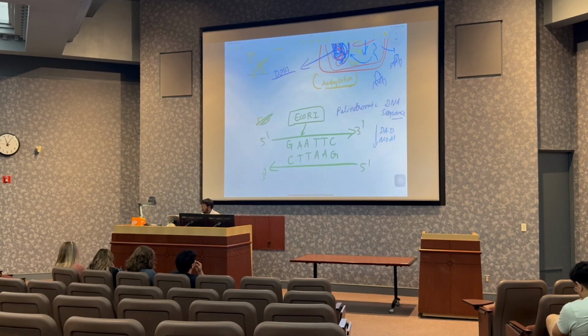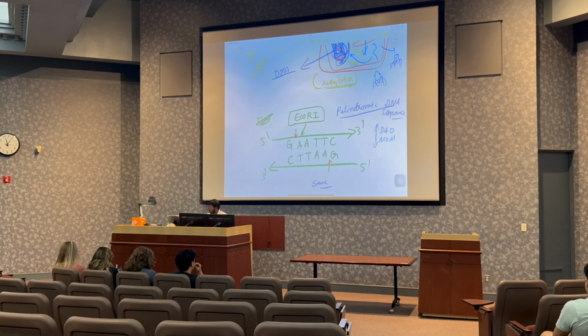So these are palindromic words, and these are palindromic DNA sequences, which means if you read from 5 prime to 3 prime on either strand, in both directions it looks the same. So there are specific regions where EcoR1 cuts the DNA, and EcoR1 cuts at a specific position, which is between guanine and adenine.